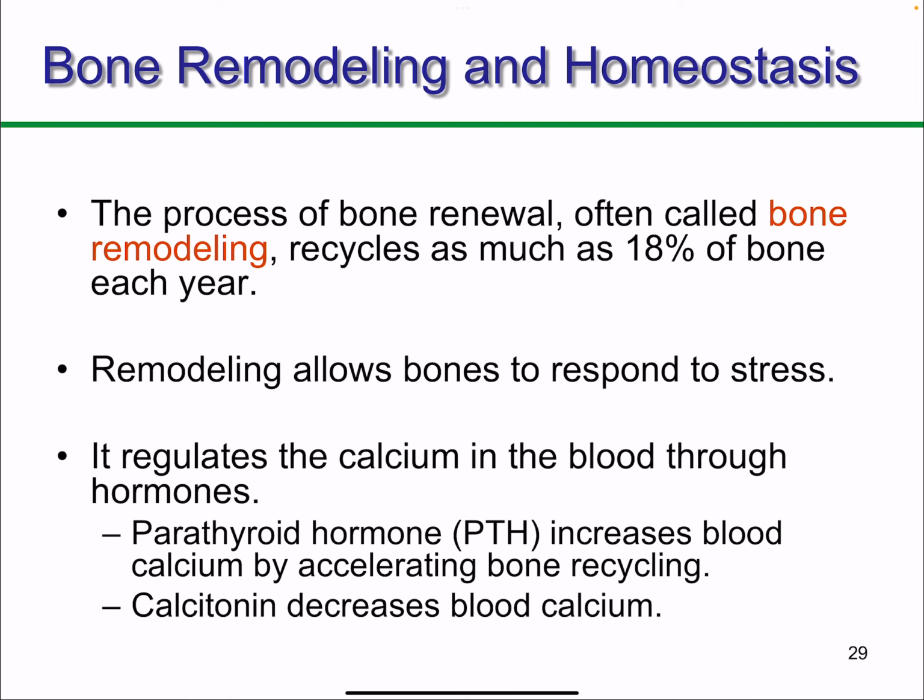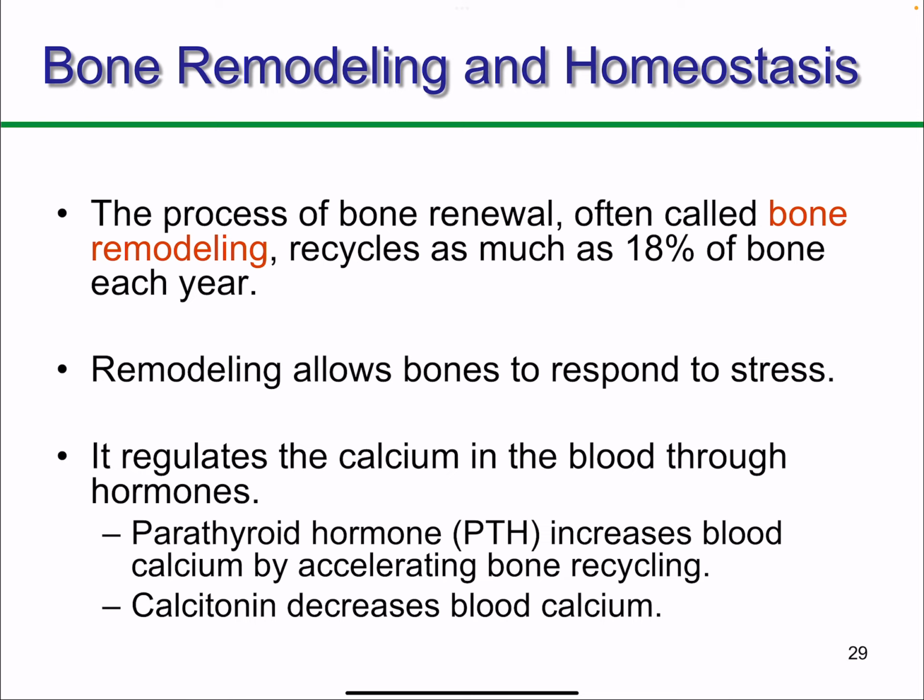You have the thyroid hormone and the parathyroid hormone. Their job is to control the amount of calcium in the blood. As they control the amount of calcium in the blood, they also work on osteoblasts and osteoclasts, right?